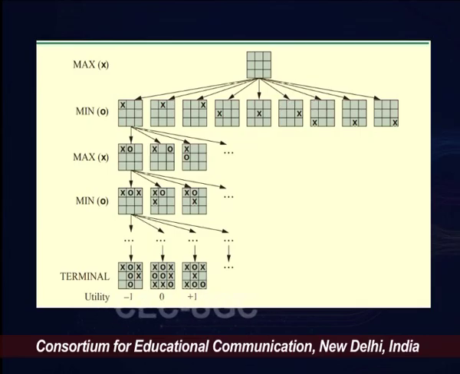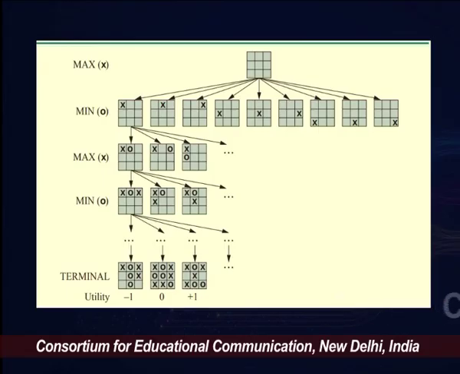What possibilities does min have? Except that cell filled with a cross, min has all other 8 possibilities open. So there can be 8 different possibilities arising from this particular situation.